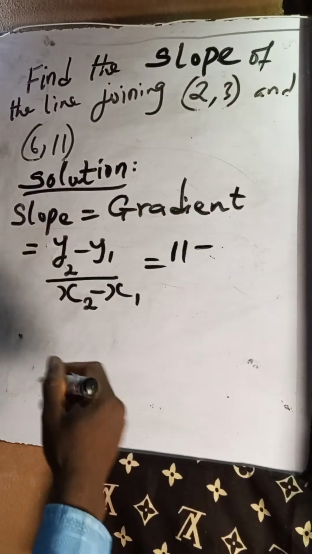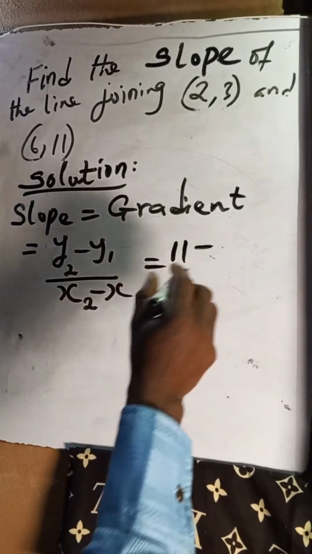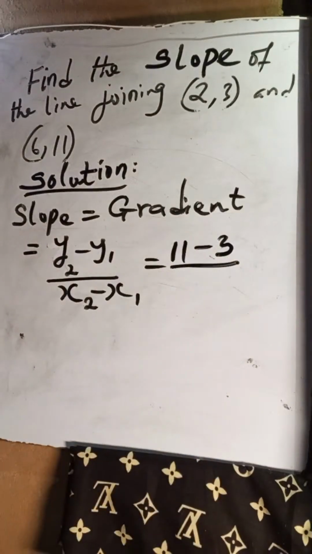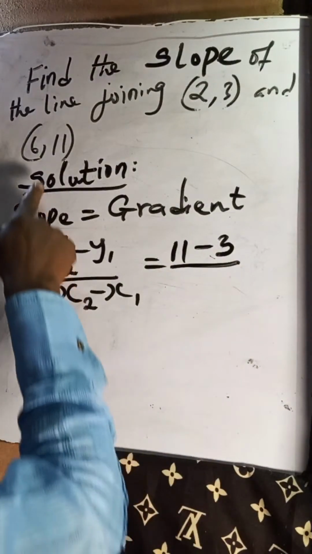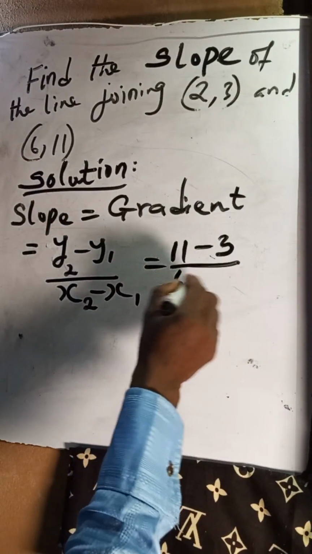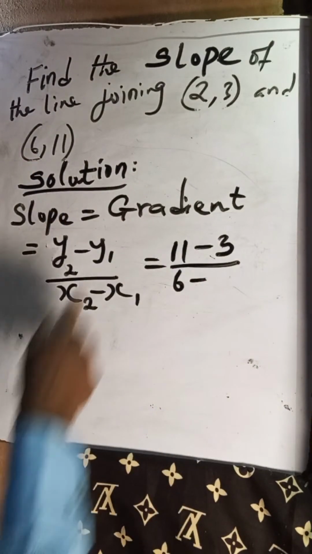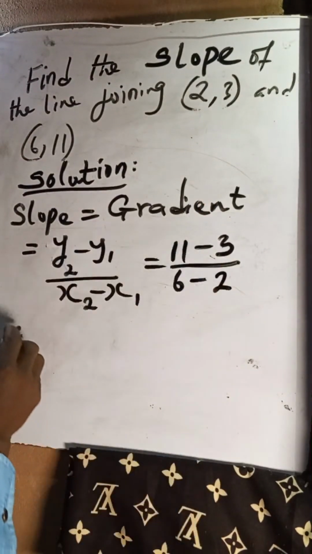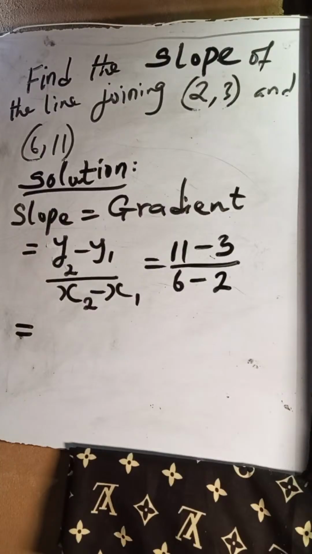Please check the way we did it in the example we just did. I'm doing this because of space. Our x2 is 6, then our x1 is 2.